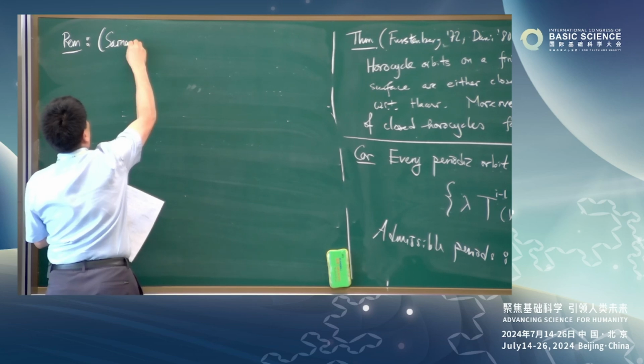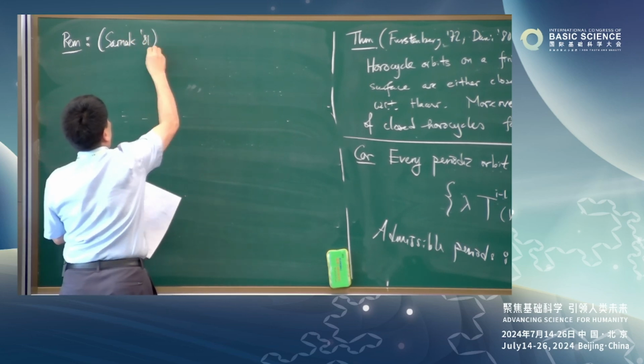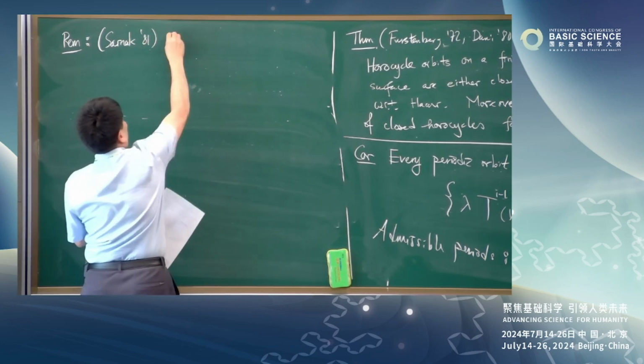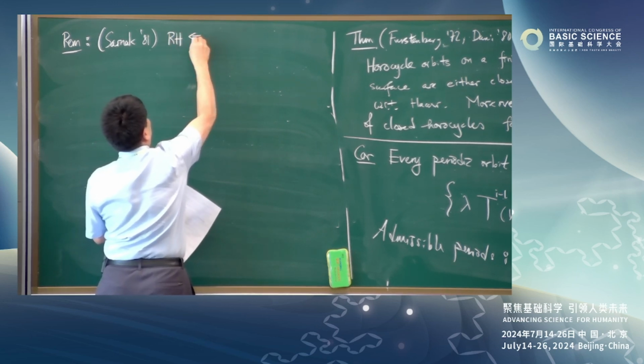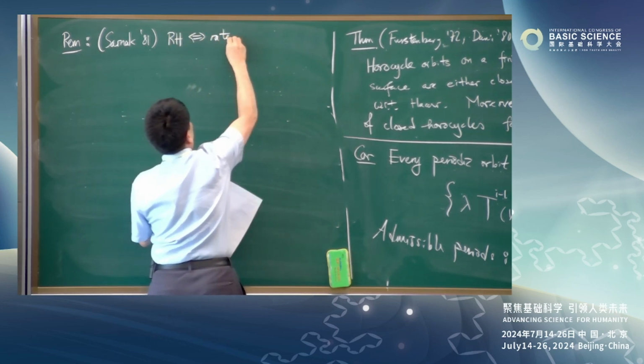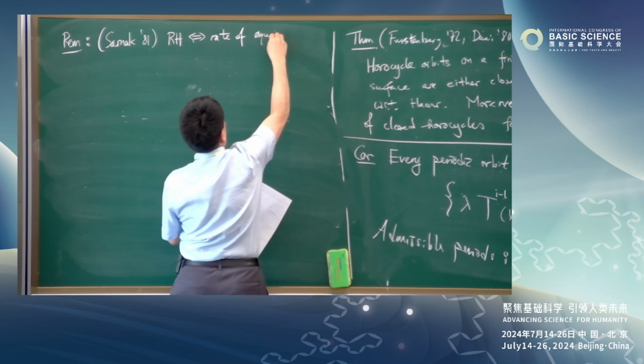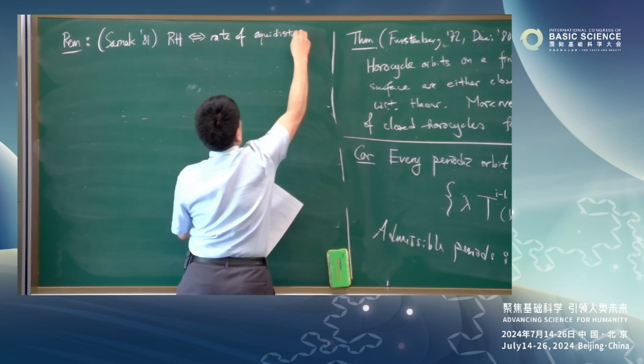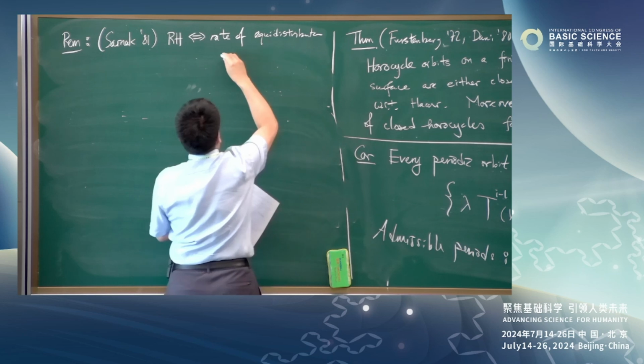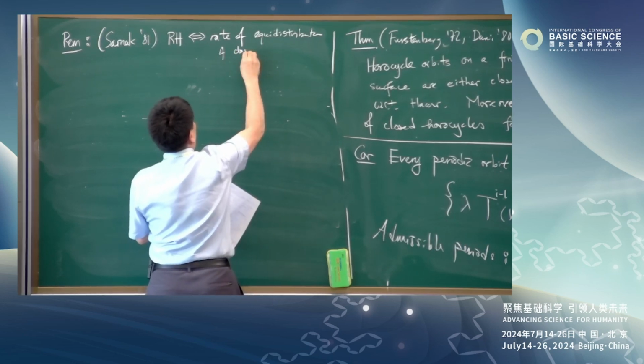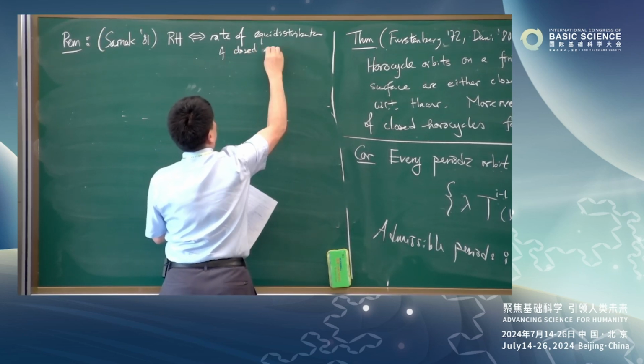So there's a well-known result of Sarnak, which says that the Riemann hypothesis is equivalent to some rate of equidistribution of closed horocycles.